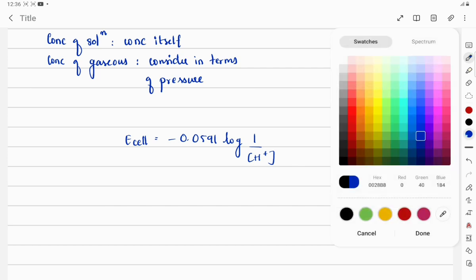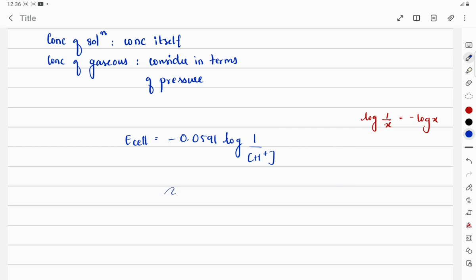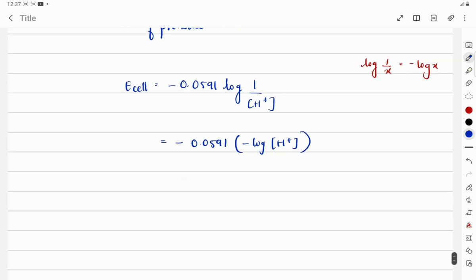So this can be rewritten as minus 0.0591 into minus log of the concentration of H plus, in square brackets. And I again know that minus log concentration of H plus is what? This is your pH value.